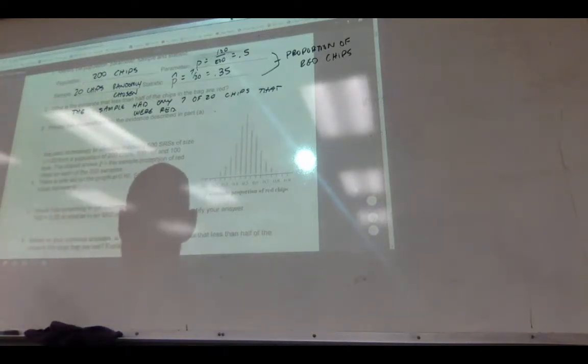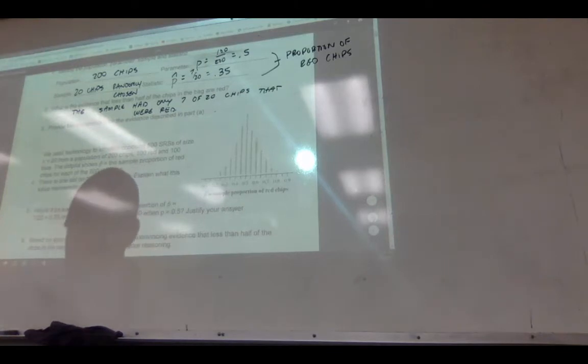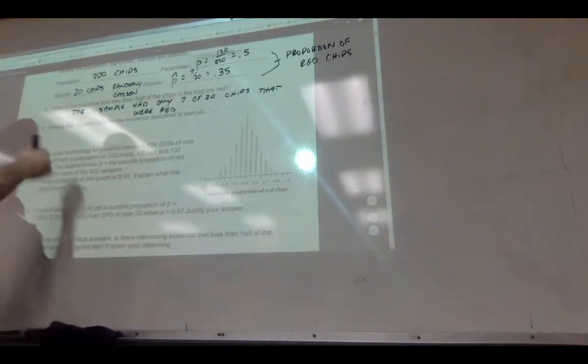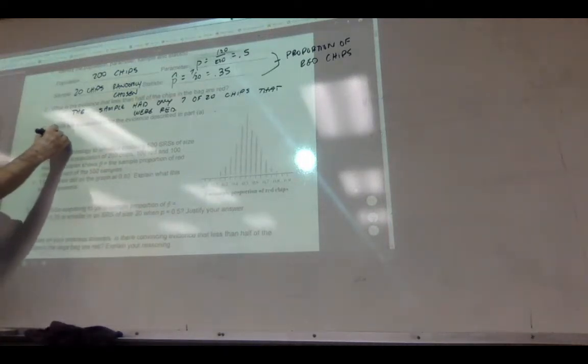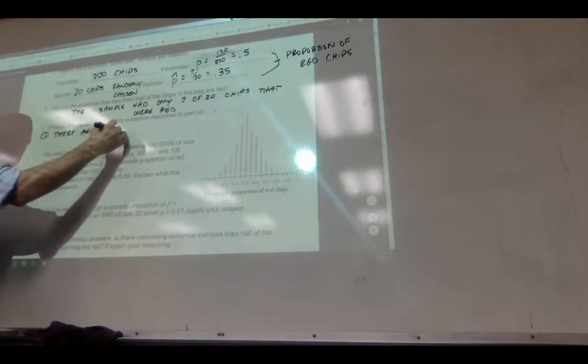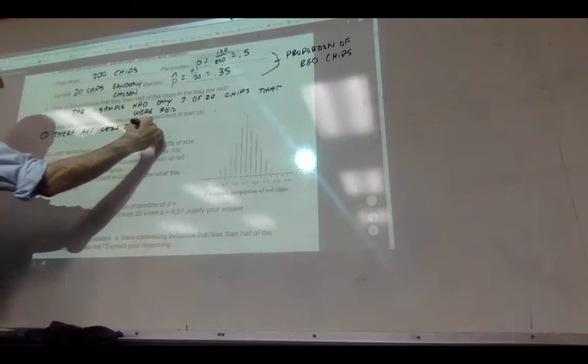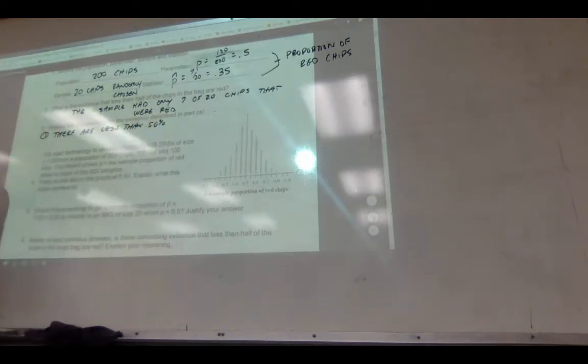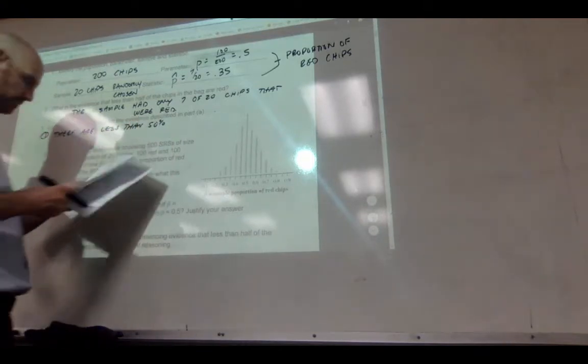How might that have happened? One of the reasons is there are less than 50% red chips in the bag.